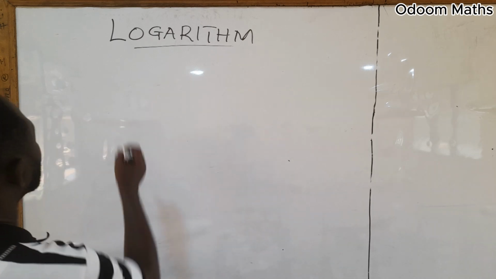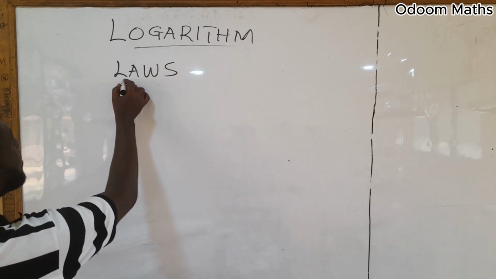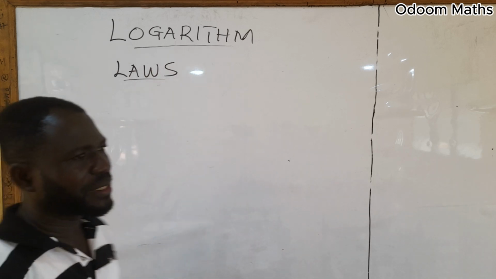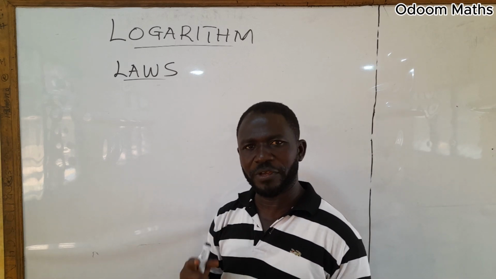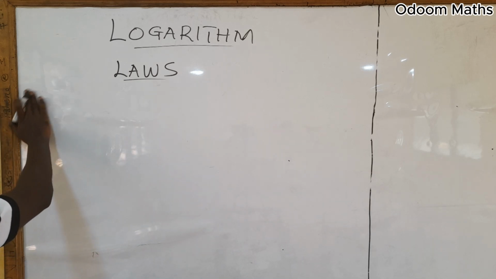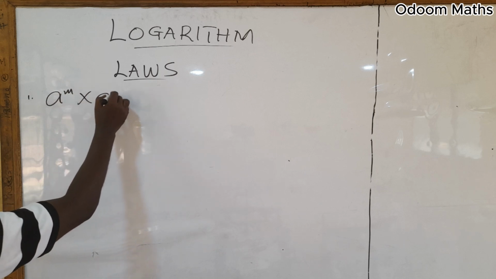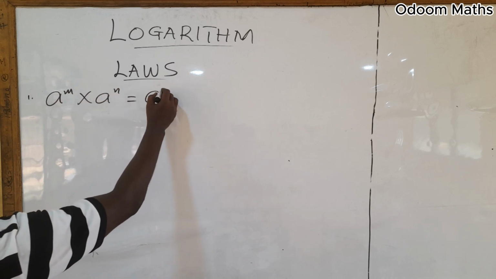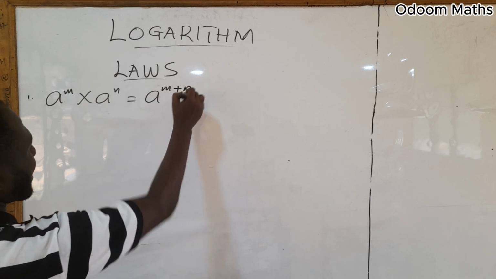Okay, so we are looking at the laws of logarithm. So let's cast our mind to that of indices, laws of indices. The first law says that a to the power m times a to the power n becomes a to the power m plus n.